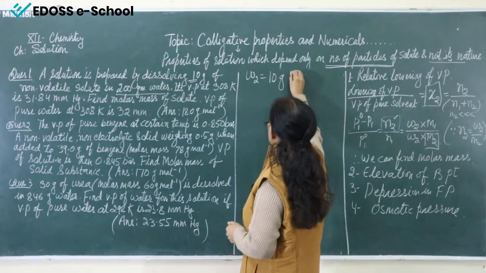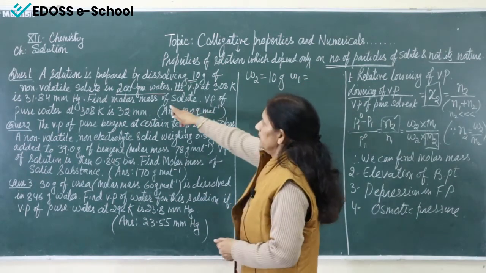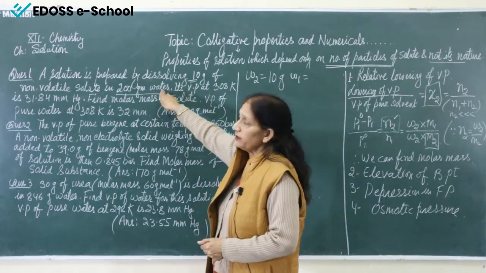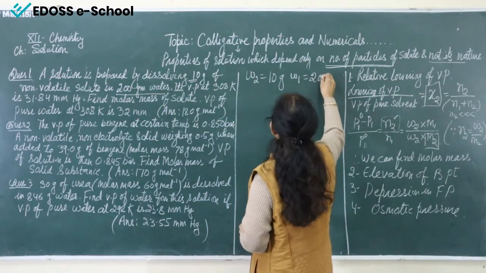In 200 gram water, that means this is W1. Water means this is solvent, so this is equal to 200 gram.